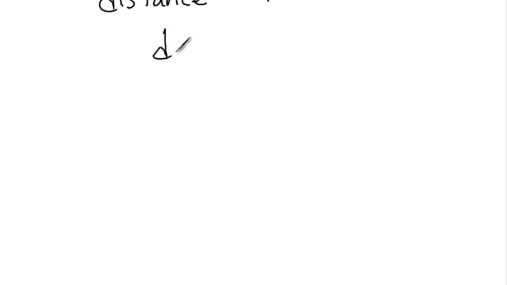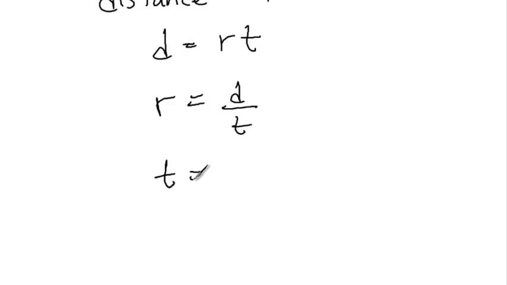Or we say d equals rt. Then we can solve for any variable we want. So if we divide both sides here by t, we get r equals d over t, or rate equals distance divided by time. Or we could solve for time and get time equals distance over rate. Okay? So this manipulation of this equation, you'll need to be able to do that for the homework.